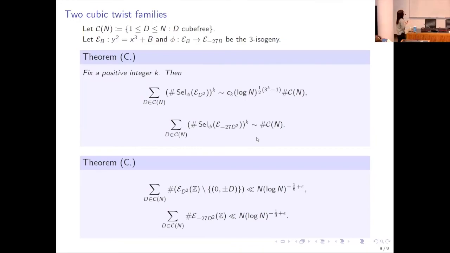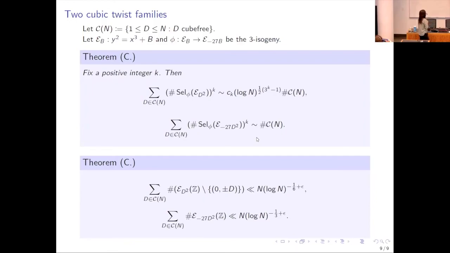Using certain parts of Heath-Brown's arguments, you could do the same thing and control, again, the GCD between x and d. Then that gives you a way of controlling the average number of integral points. So in these two families, I'm able to show that on average the number of non-trivial integral points is 0.